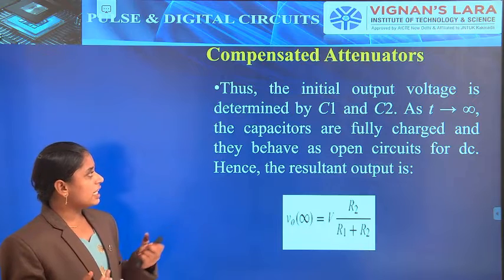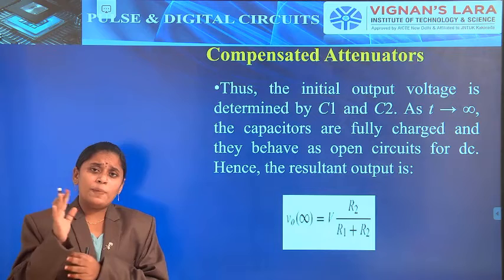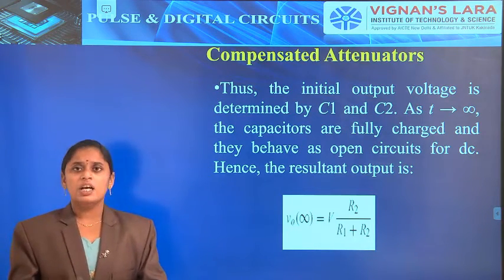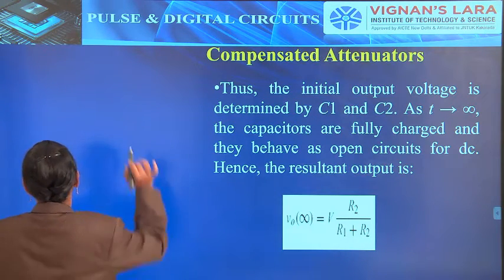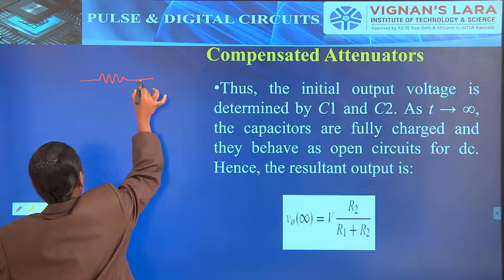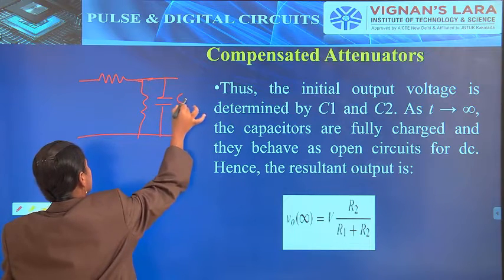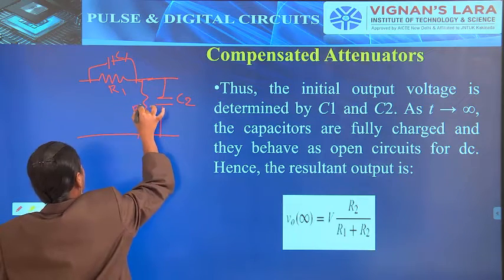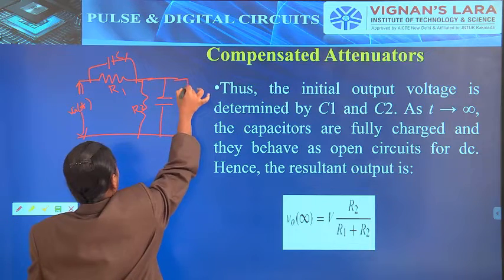Now for the next condition, the final condition. The circuit has resistors R1 and R2, capacitor C1, and capacitor C2 across a resistor, with input Vi of t and output V0 of t.